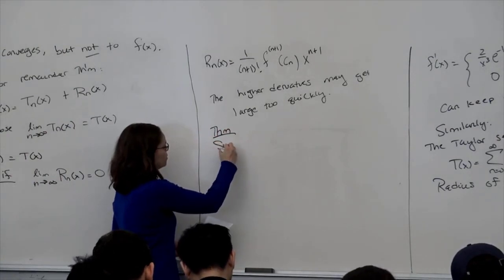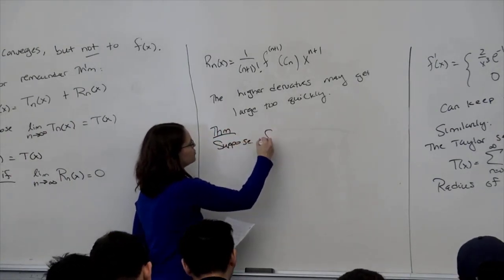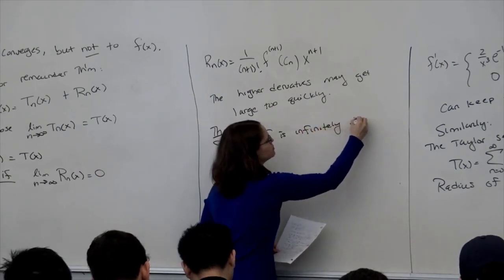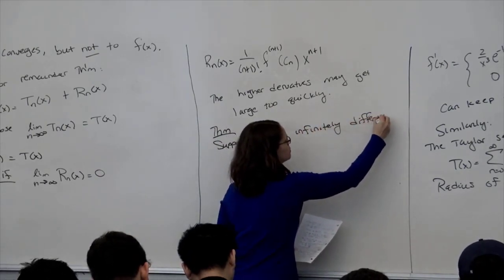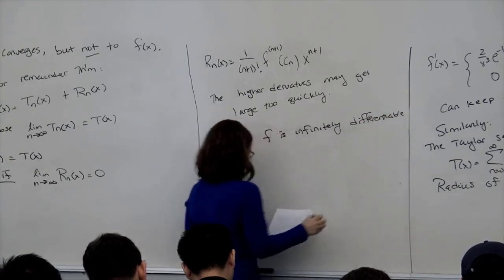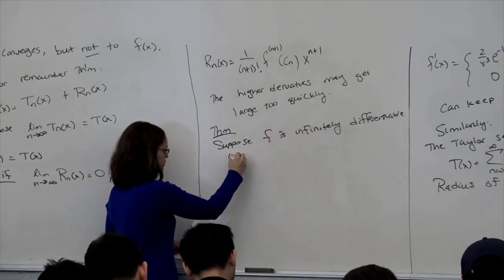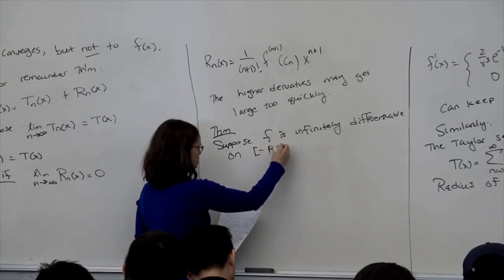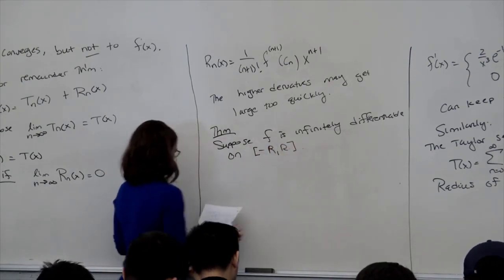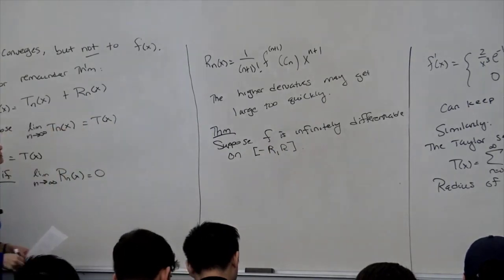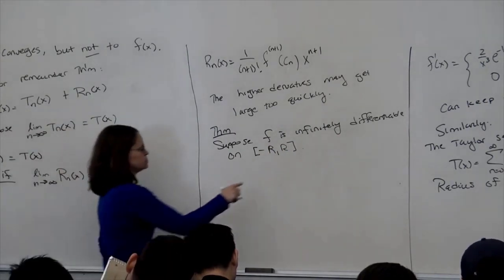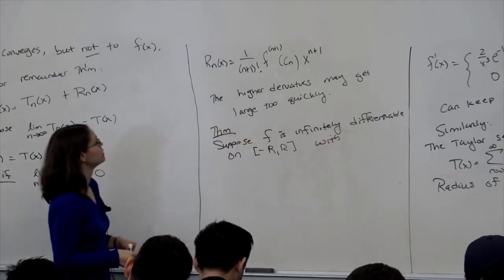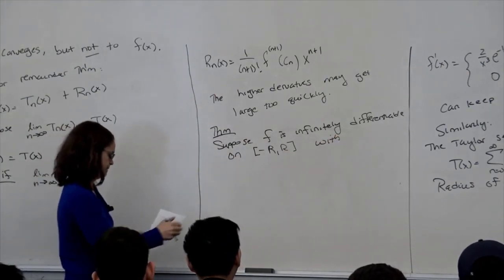Okay, so let's suppose that f is infinitely differentiable on some interval, let's say from minus r to r. And moreover, let's take a look at what's going on here.